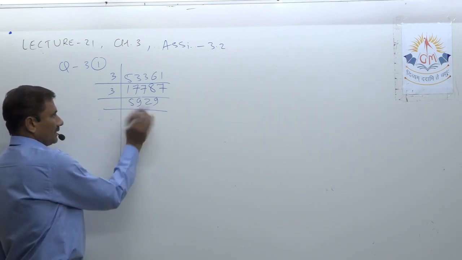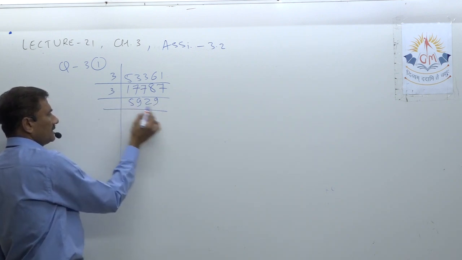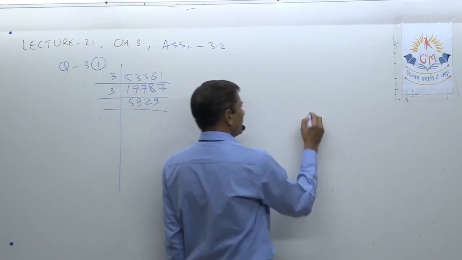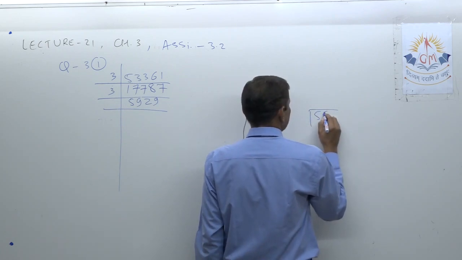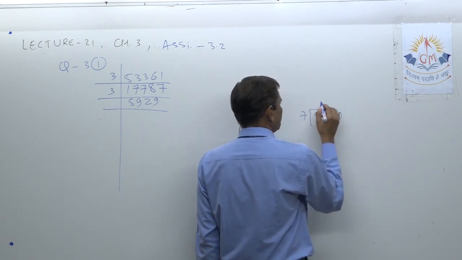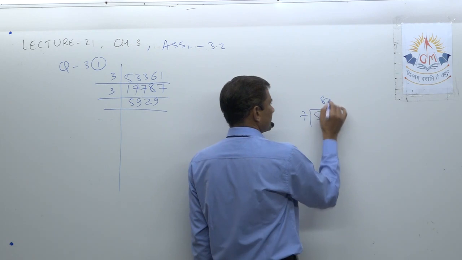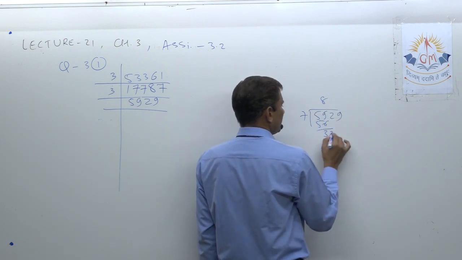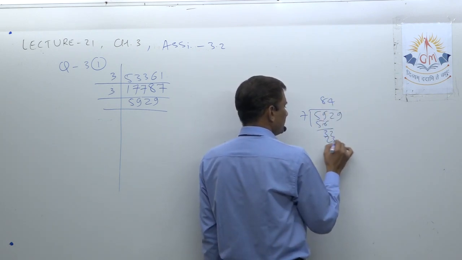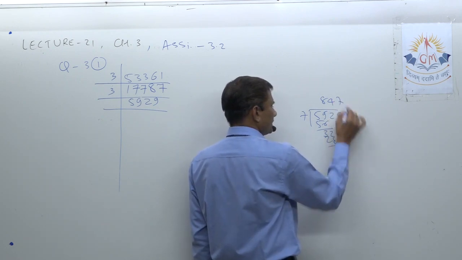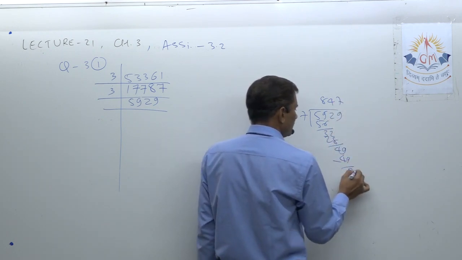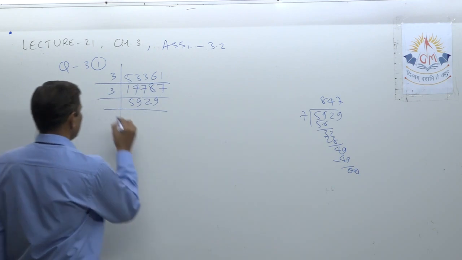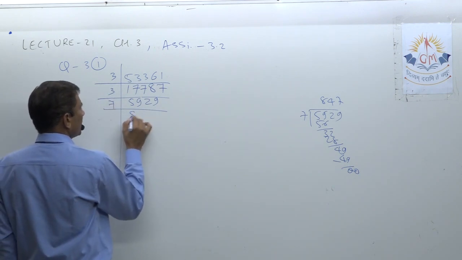It is not divisible by 3, and not divisible by 5. So let's check here in rough work whether it is divisible by 7. 7 8s are 56, 3 left, 7 4s are 28, 4 left, 7 7s are 49. So we can say it is 847.